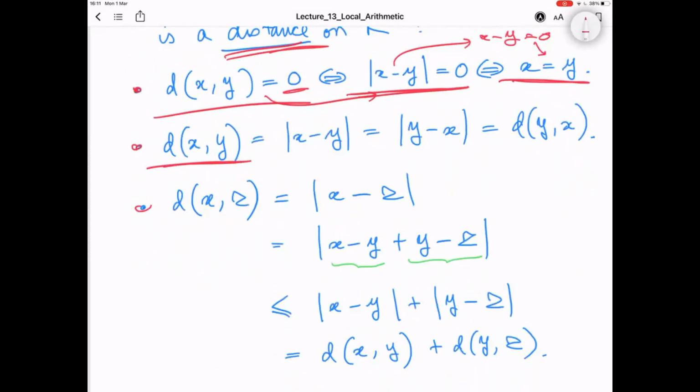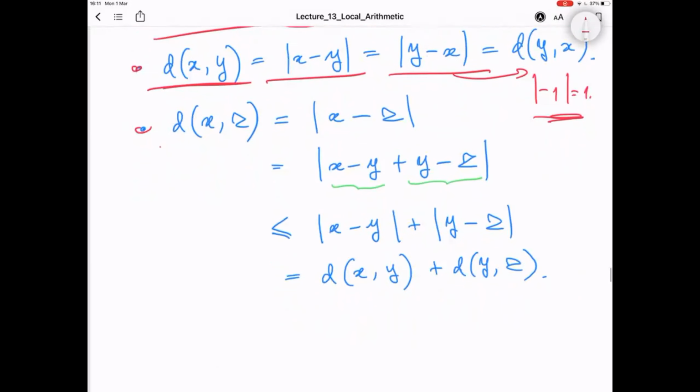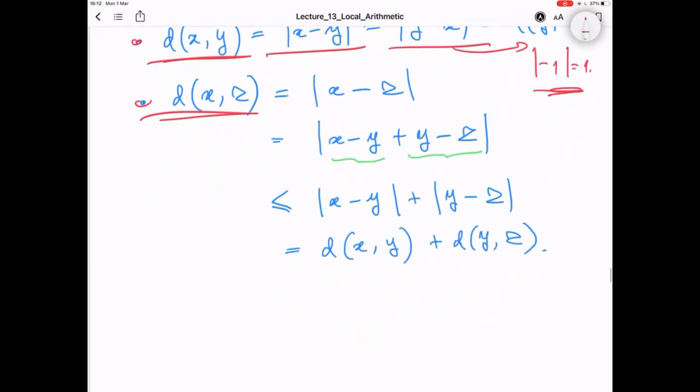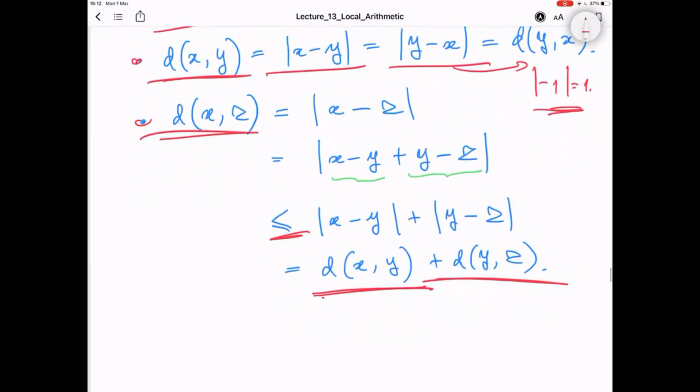And then you have to show symmetry. The distance between X and Y is the norm of X minus Y. But that's the same as the norm of Y minus X, because the norm of minus 1 is 1 and norms are multiplicative. So that's the distance from Y to X. But the important thing is the triangle inequality: the distance from X to Z should be less than or equal to the sum of the distances from X to Y and Y to Z. How does that follow?